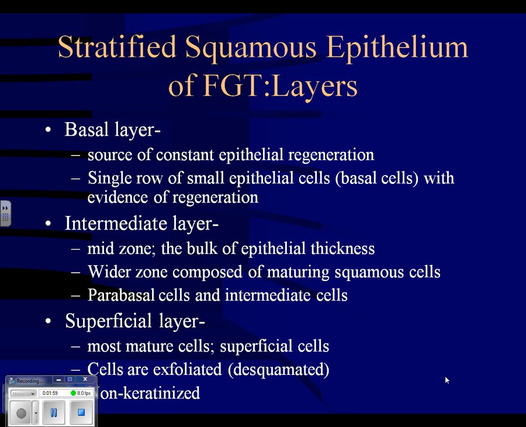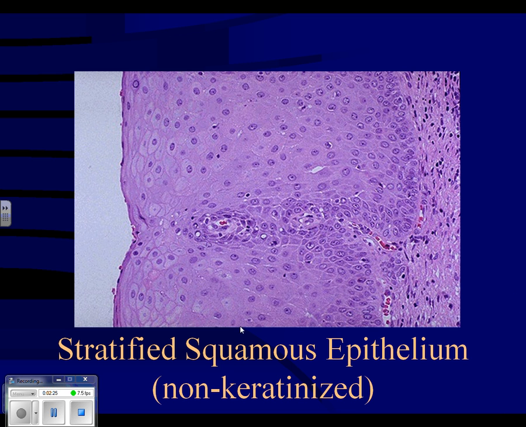In the female genital tract, aside from the labia majora, the epithelium is non-keratinized, which means it still retains its nucleus all the way to the top until it's exfoliated. If it's keratinized, then the nucleus gets extruded and all that's left is basically keratin in the cell. That's only seen in the labia majora, where there's skin.